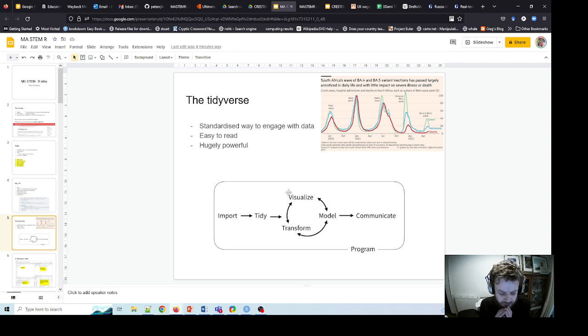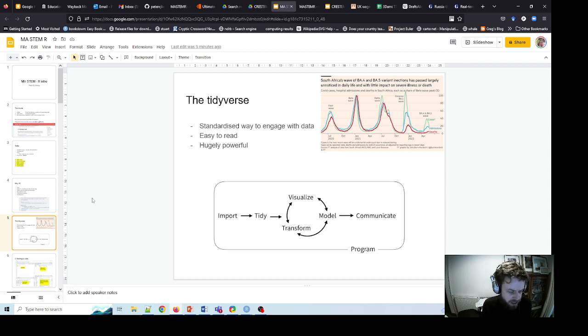And very often on courses like this, we focus very much on the modelling. So you spend a lot of time putting together your statistical model, but actually most of the work when you're looking at analysis will probably happen with the import, tidy, transform and kind of playing around with that method. Some people reckon it's about 80% of your time is spent trying to get data into a format which will then neatly slot into your model.